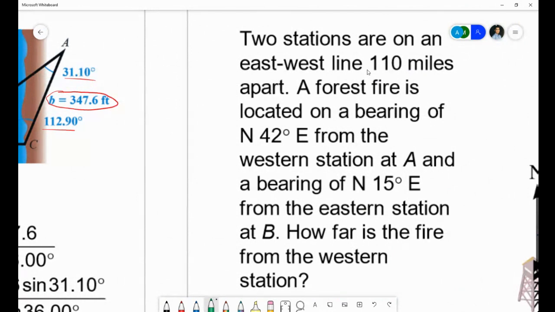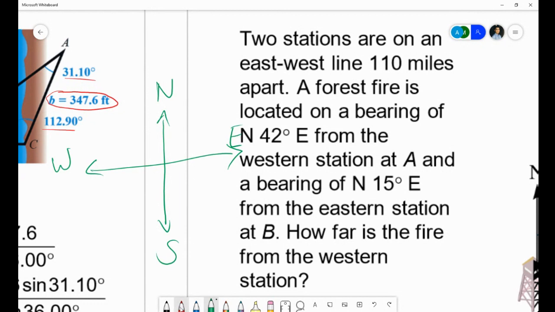Yes. Okay. So a forest fire is located on a bearing of north 42 east. So north 42 east is what quadrant? If you look on the whiteboard, we have north, south, west, east here.